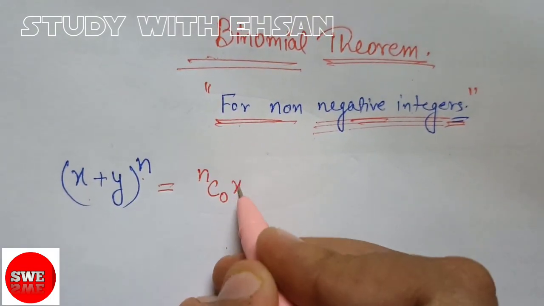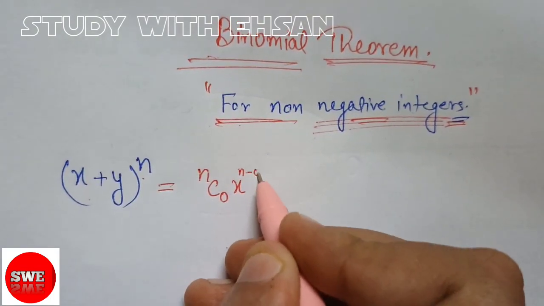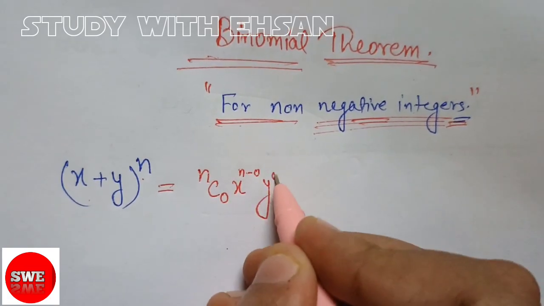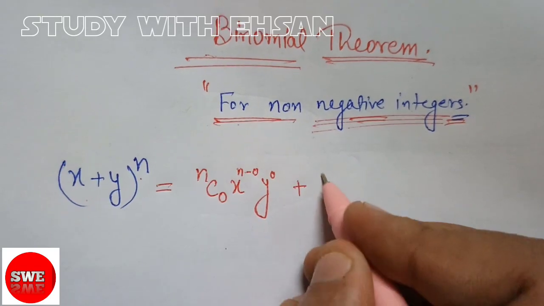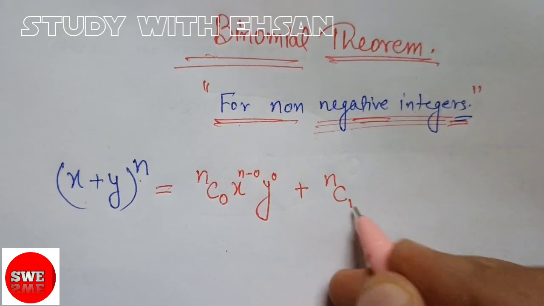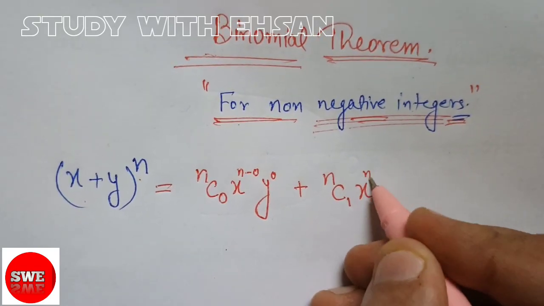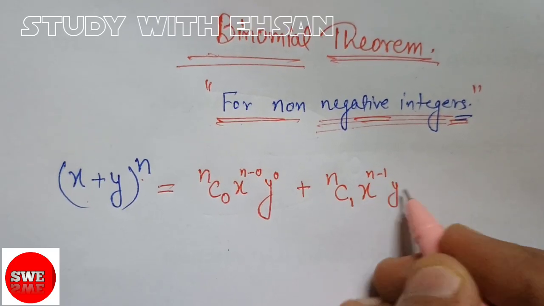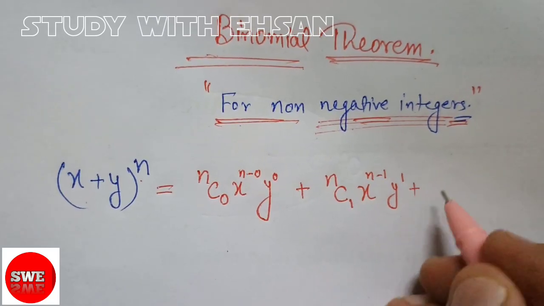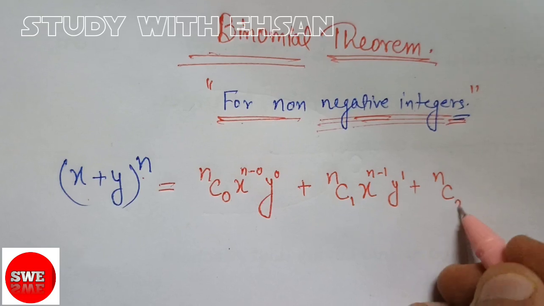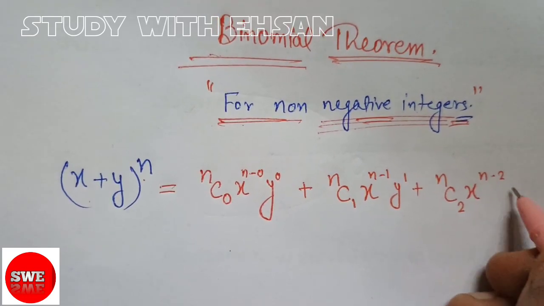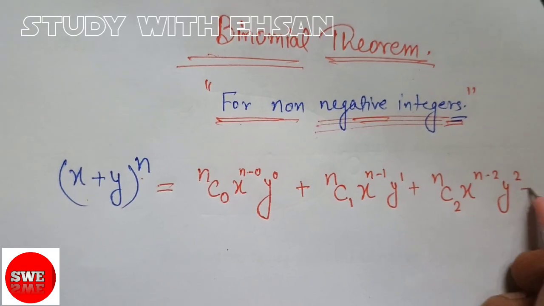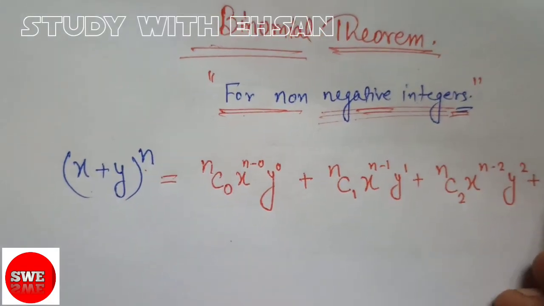nC0 x to the power n minus 0 y to the power 0, the first term of the expression, plus nC1 x to the power n minus 1 y to the power 1, plus nC2 x to the power n minus 2 y to the power 2, plus dot dot dot.